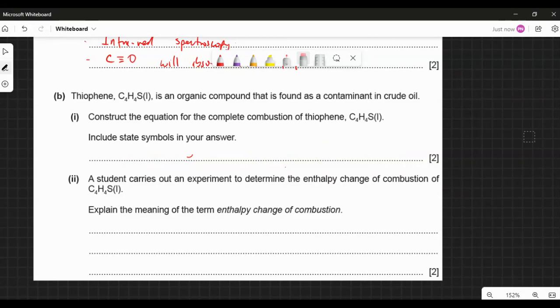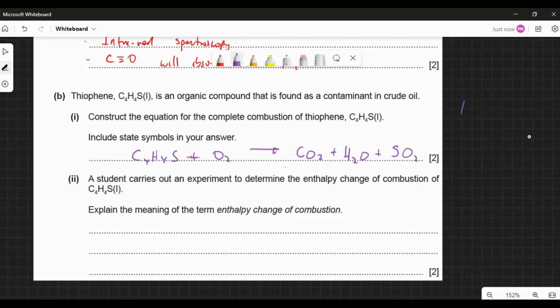Thiophene is C4H4S plus O2. If I completely oxidize the carbon content, I'm going to get CO2. If I completely oxidize the hydrogen content, I'm going to get water. And if I completely oxidize the sulfur content, I'm going to get SO2.